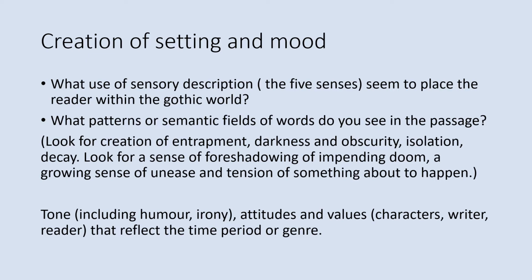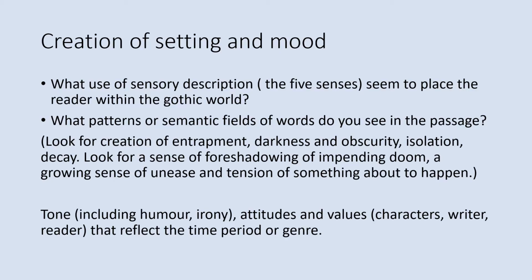One of the things I always tell students is to look for words that create the setting or the mood of the piece. Now you've got a Gothic piece, so you're going to get some kind of gloomy description. Look at words that suggest the five senses so that the reader is placed within the world.